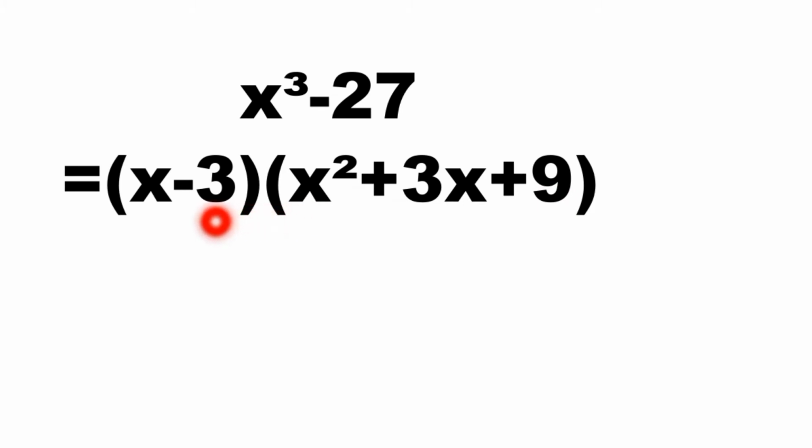So the factor of x cube minus 27 is equal to quantity x minus 3 times quantity x squared plus 3x plus 9. That is how to find the factor of the difference of two cubes.